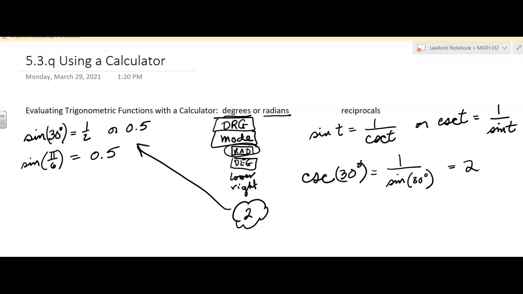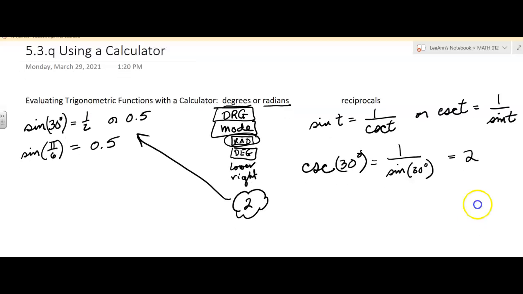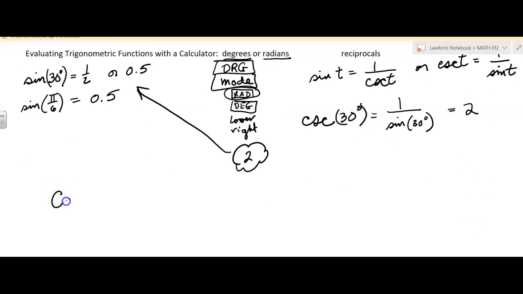You're going to have to do the same thing if you wanted to do secant. You're going to have to do 1 over cosine. For cotangent, you're going to have to do 1 over tangent, because on my calculator I have sine, cosine, and tangent buttons.